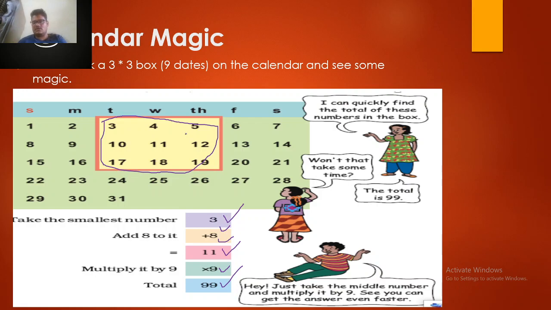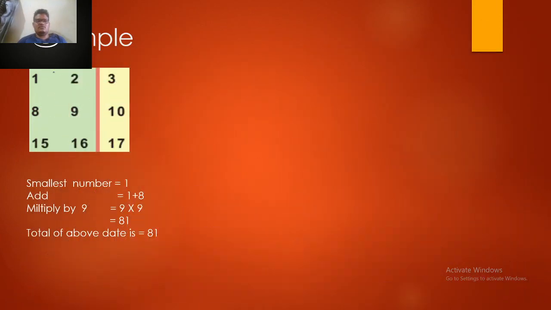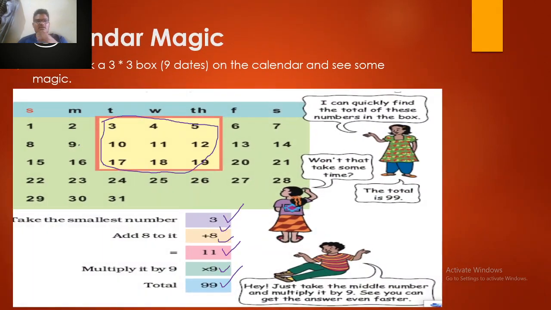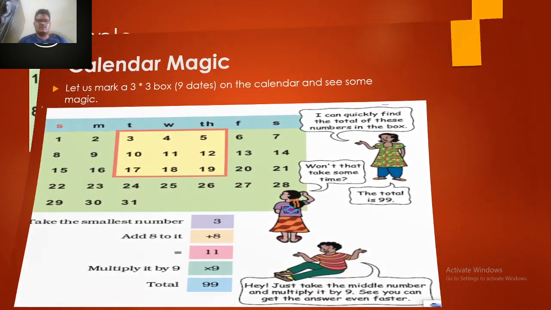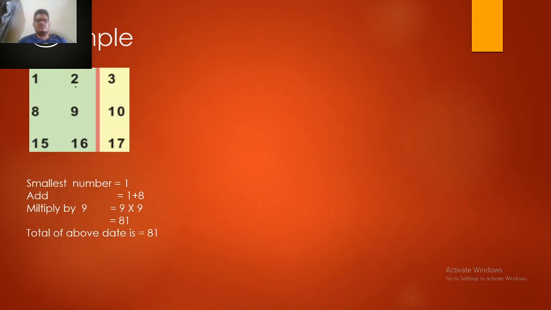Okay, now taking another example. Look at here. In this box what we have to do, look at here. First of all I want to tell you, we have to take a 3 by 3 box here to find the quick answer. 3 by 3 means 3 rows and 3 columns. In the next one you can see what was the first step. We have to choose the smallest number.